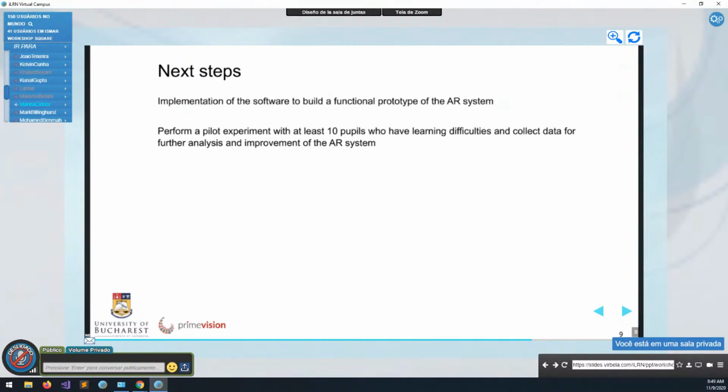Once we have that software implementation and the pilot experiment, we would be interested in analyzing different aspects regarding human-computer interaction. We are thinking of two things right now. First would be situational awareness. That means to provide the tools that are necessary for the users, the pupil and the teacher, to be aware of each other's activities while communicating with that system.